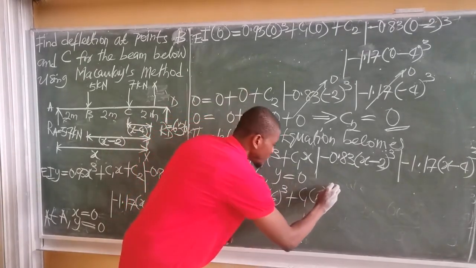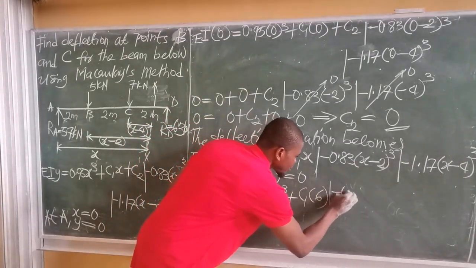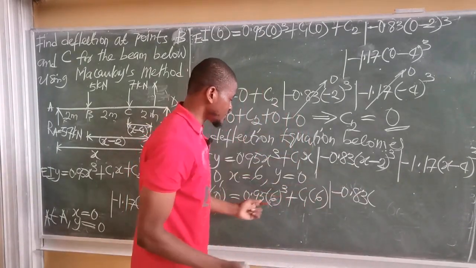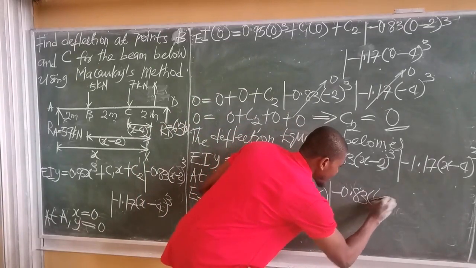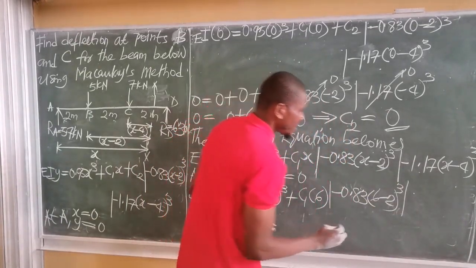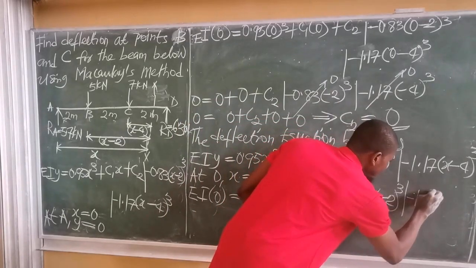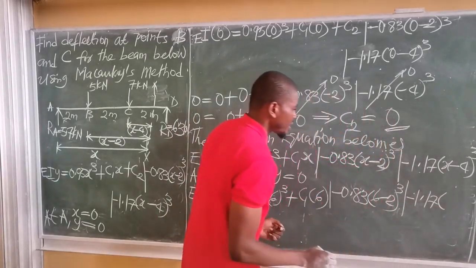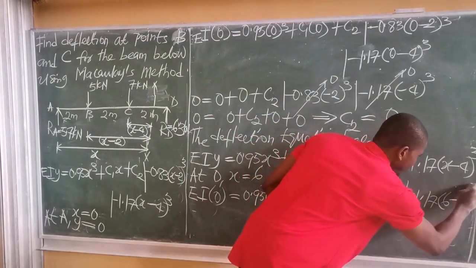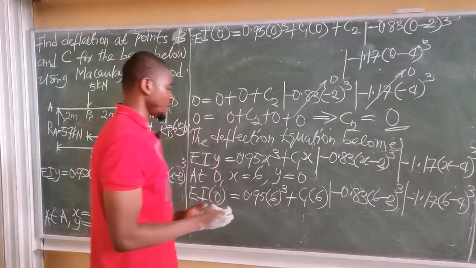So put your Macaulay's bracket, of course, minus 0.83 into, x here is 6, so you have 6 minus 2 all to the power of 3. Put down your Macaulay's bracket, minus 1.17 into, x here is 6, so it becomes 6 minus 4 to the power of 3. So I have this.